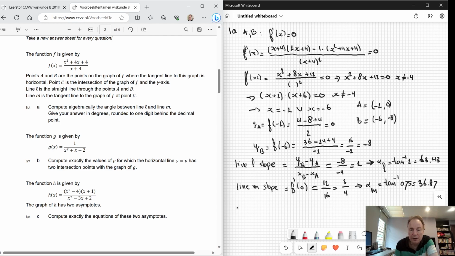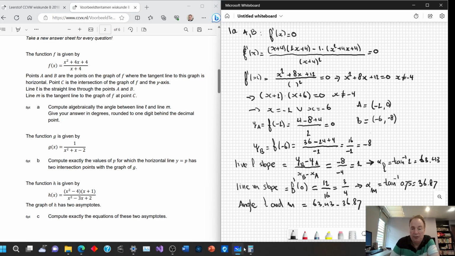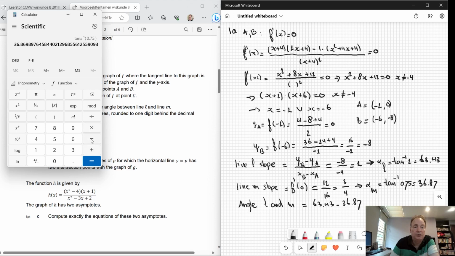So you get then the angle between L and M equals 63.43 minus 36.87, which is 26.56.